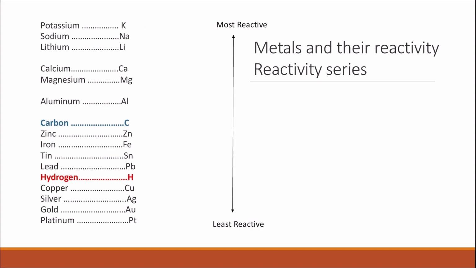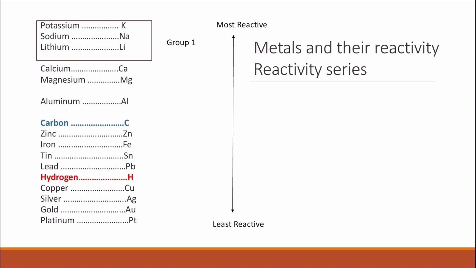The main reason for that is that group 1 metals have only one electron and it is easy to lose this one electron. Group 2 metals have two electrons in their outer shell and they need more energy to lose these two electrons, so they become less reactive in comparison to group 1 metals. So the first three metals in the reactivity series come from group 1.